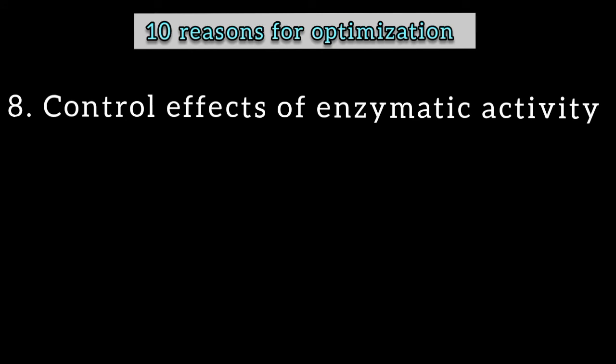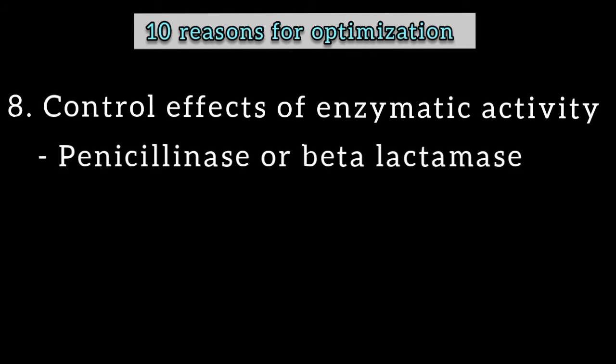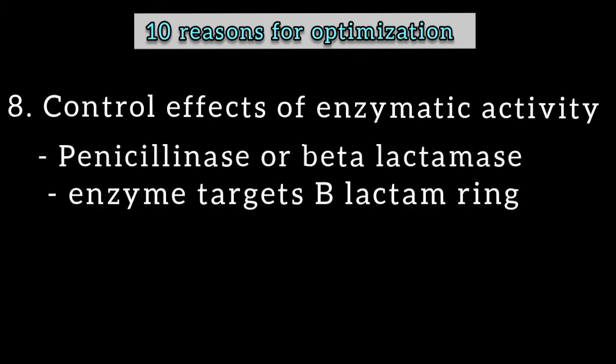These penicillin molecules can be broken down by an enzyme called penicillinase, or another name for it is beta-lactamase. And this enzyme particularly targets the beta-lactam ring that is found in these penicillins, and this ends up breaking down the molecule.